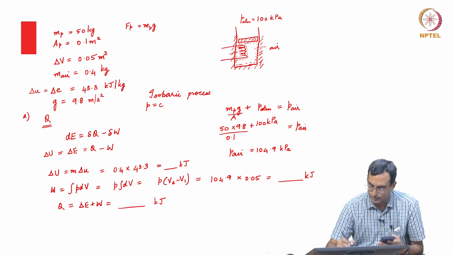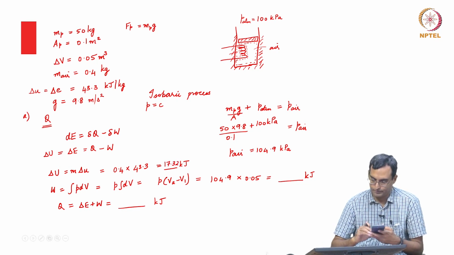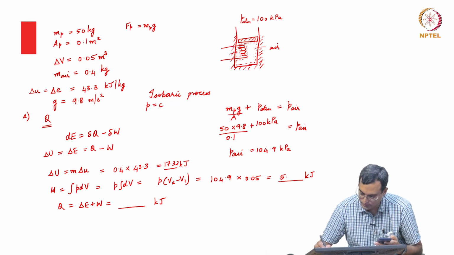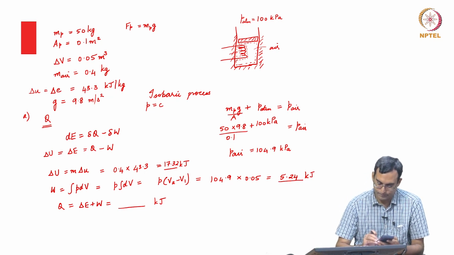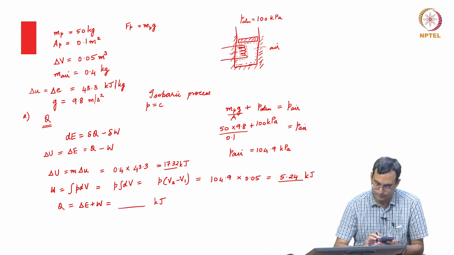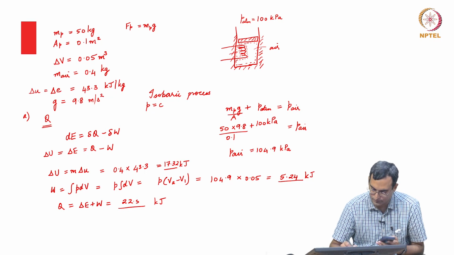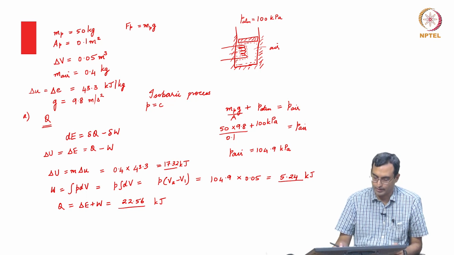So this is 17.3, this is 5.24, and this is 22.5. So the first part of this problem is done in this fashion. I can get the value.